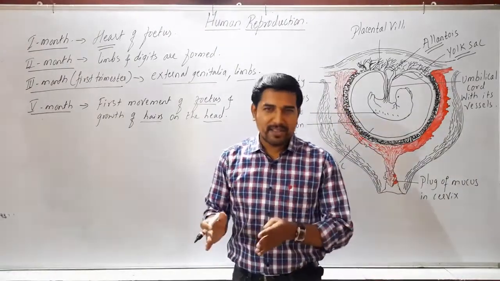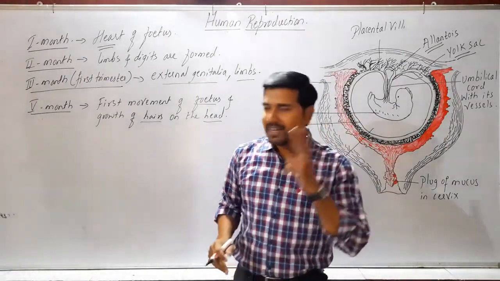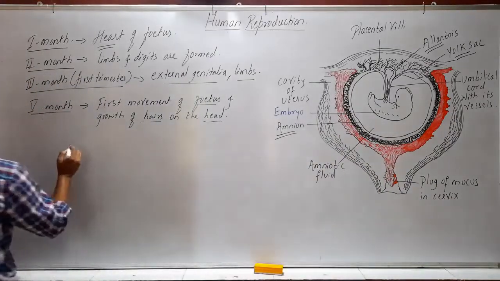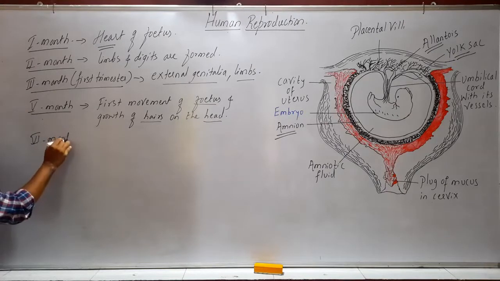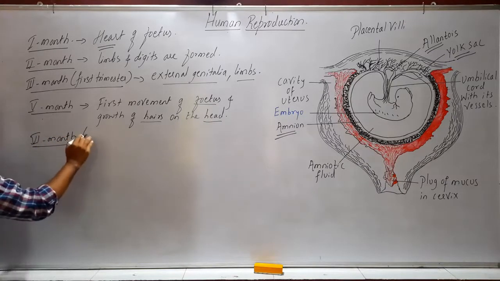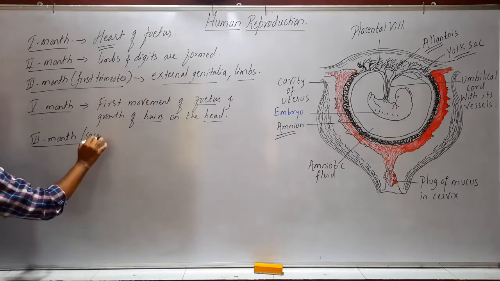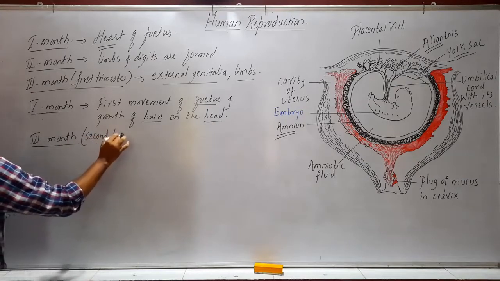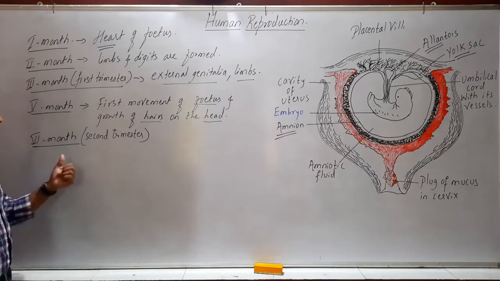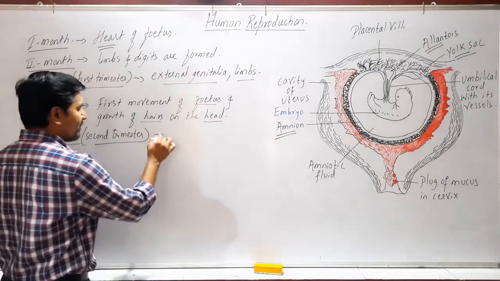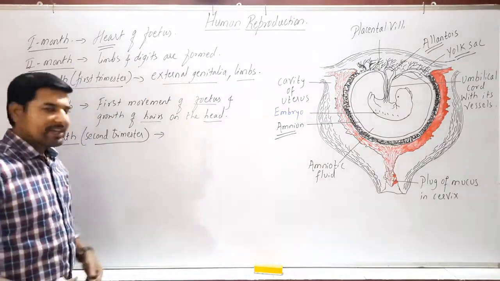Then the sixth month, we call it the end of the second trimester. So in the second trimester, what happens? Growth of hairs on the body.